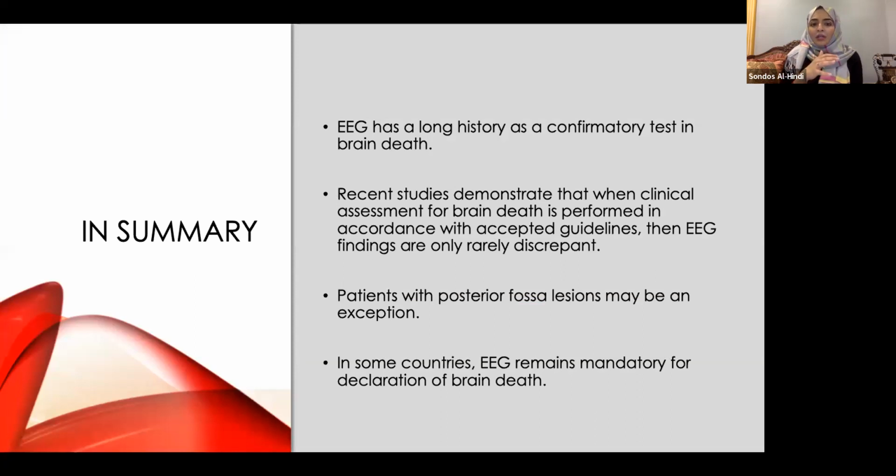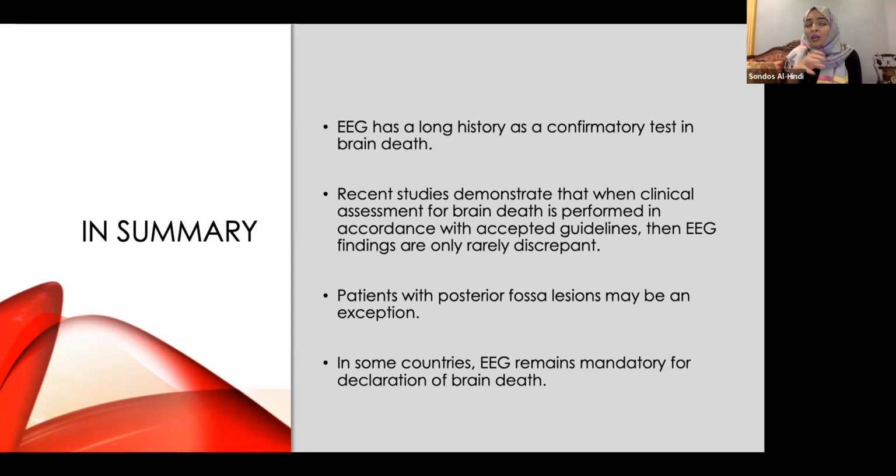So in summary, EEG has a long history as a confirmatory test in brain death. Recent studies demonstrate that when clinical assessment of brain death is performed in accordance with accepted guidelines, then the EEG findings are only rarely discrepant. Patients with posterior fossa lesions may be an exception. Again, posterior fossa lesions are going to limit your examination, your ability to perform an apnea test.